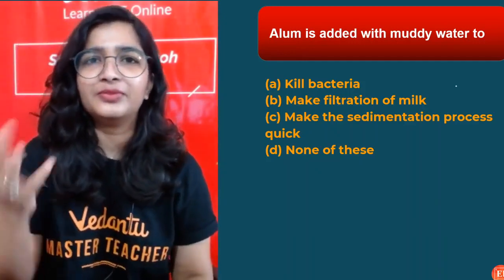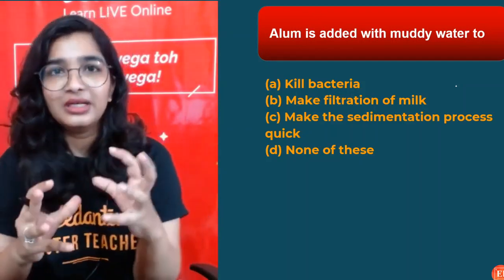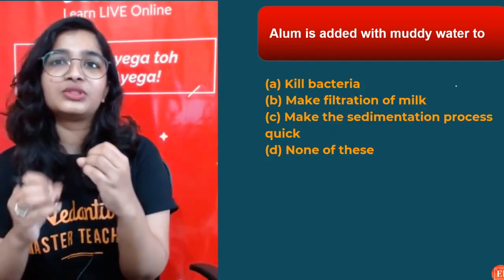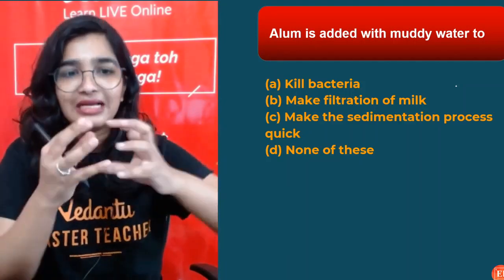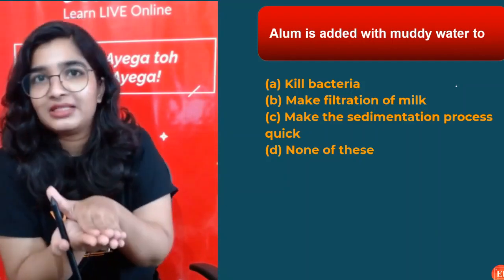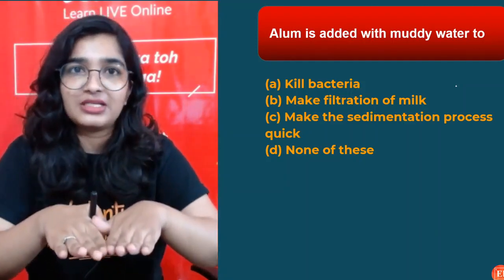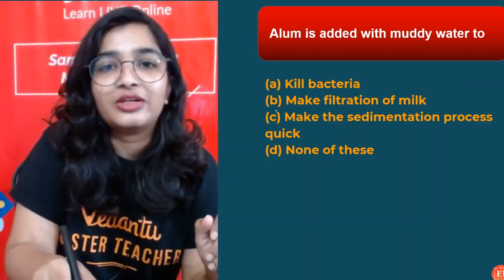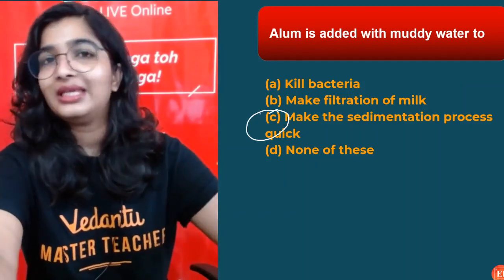It will react with the alkalinities in the water, and as it reacts there will be formation of precipitates. Once the precipitate forms, everything will go and sediment. So the right option would be C, make the sedimentation process very quick.